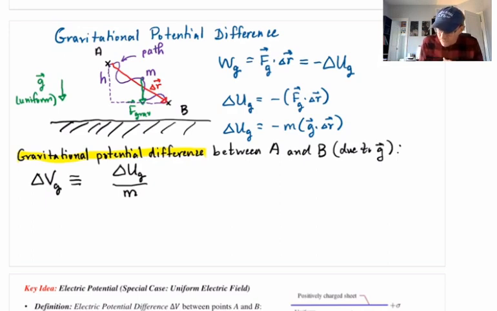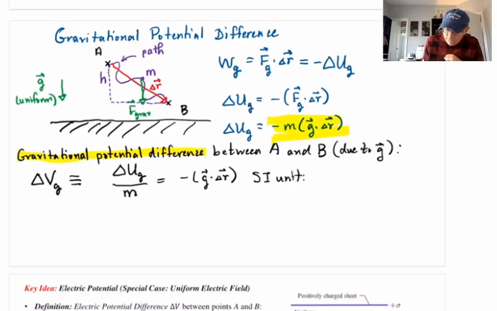Now, here's the expression for gravitational potential energy difference between 2 points, negative m times g dot delta r. So what I do is divide that by m. And I have negative g dot delta r. Okay? And the SI unit of this new quantity would be the unit of energy, joule, over the unit of mass, kilogram, joule per kilogram.